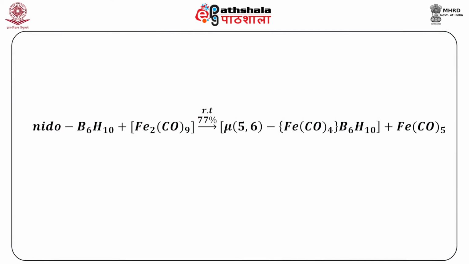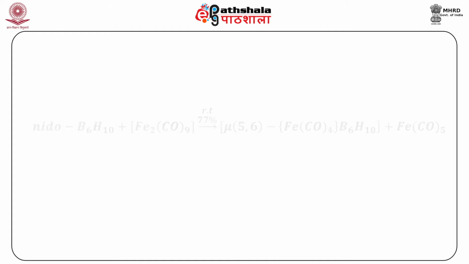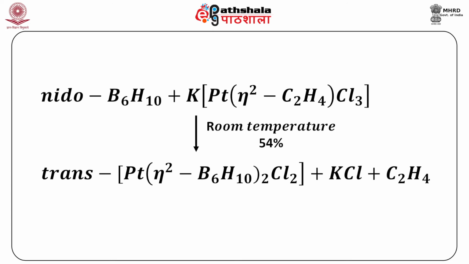In this reaction, the nido B6H10 displaces other ligands from their metal complexes by acting itself as a Lewis base, that is, a 2-electron donor. Let us look at this reaction wherein this nido B6H10 is reacted with iron carbonyl at room temperature to give you an iron metalloborane cluster wherein B6H10 has replaced the carbonyl groups and acted as 2-electron donor.